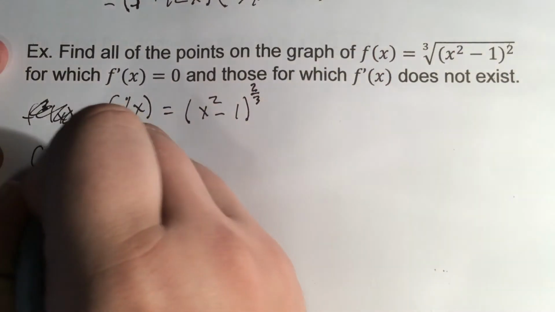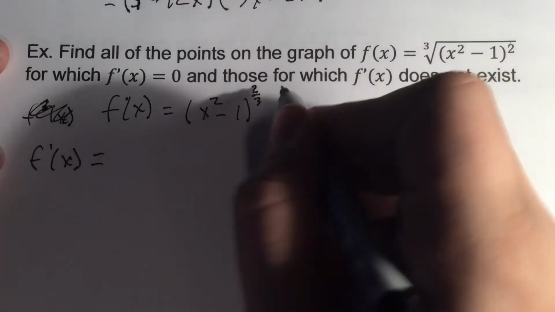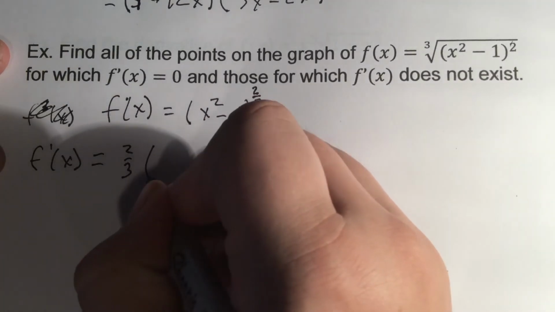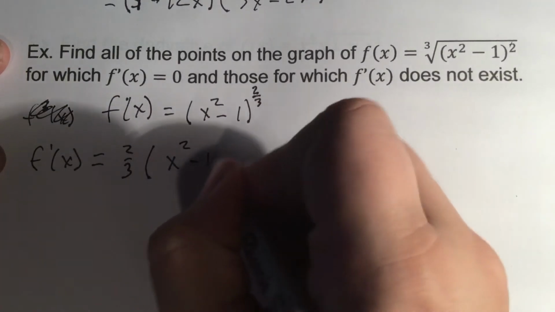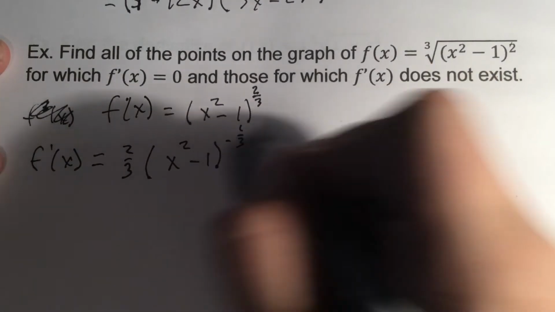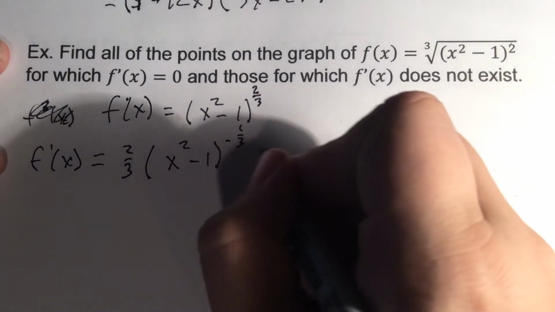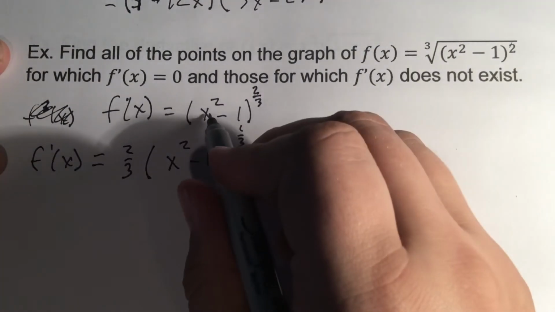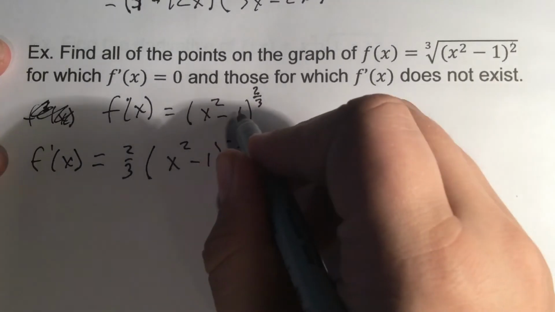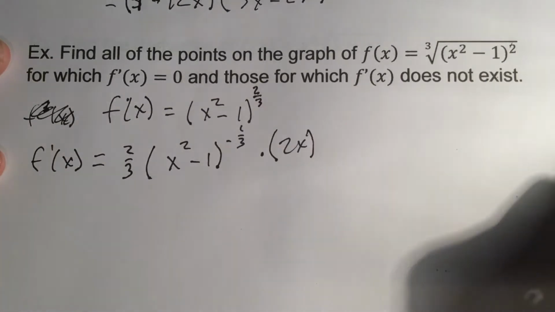So now we can do f prime of x. The 2/3 would come in front times x squared minus 1. 2/3 minus 1 will leave us with a negative 1/3, which we'll deal with in a little bit. Times the derivative of the inside: x squared goes to 2x, and the derivative of minus 1 is just 0.